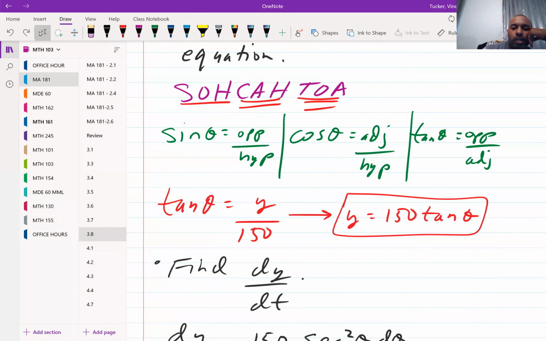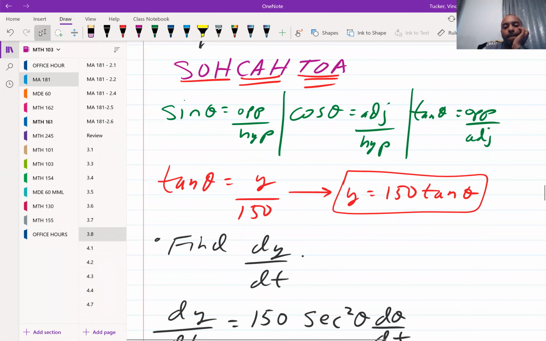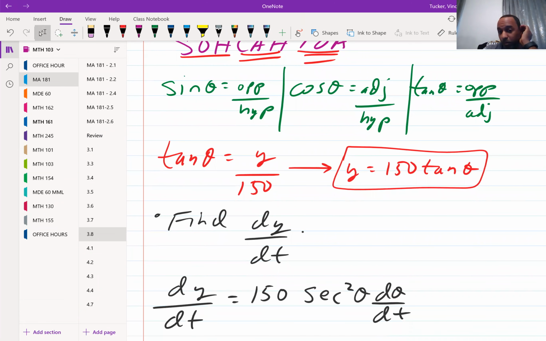So right here, if we solve it for y, I'm multiplying both sides by 150, y equals 150 tangent theta. From there, we can find dy/dt, take the derivative of y, which is 150 tangent theta, with respect to t.